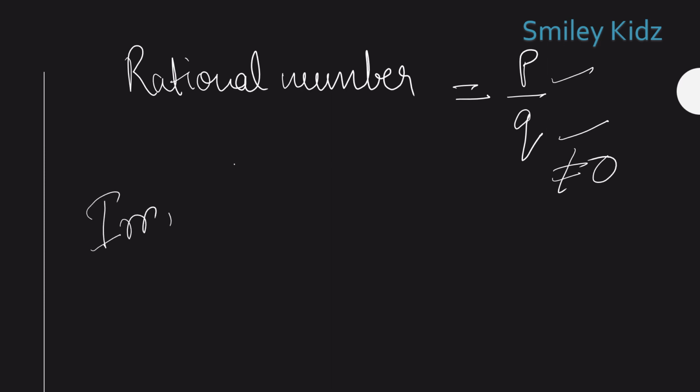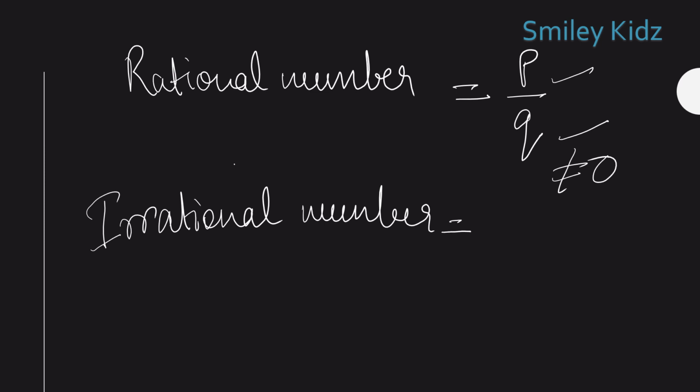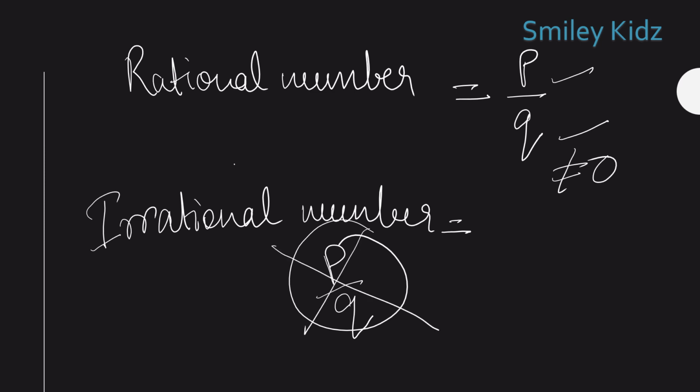A number is said to be an irrational number if it cannot be written in the form of p by q, where p and q are integers and q not equal to 0.